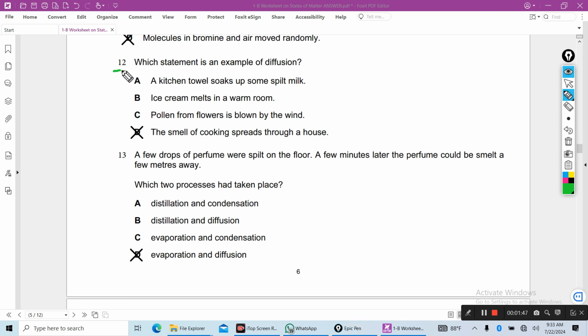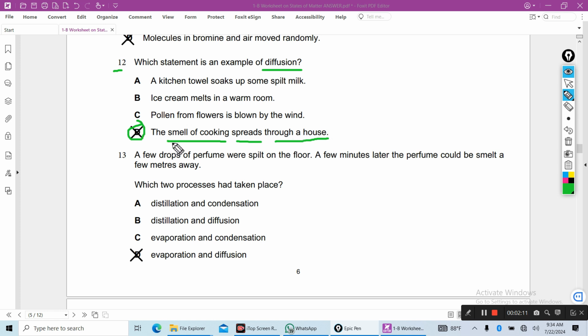Now number 12. Which statement is an example of diffusion? D, correct answer. The smell of cooking spreads through a house. The smell of cooking, these particles spread. That means diffusion happened.